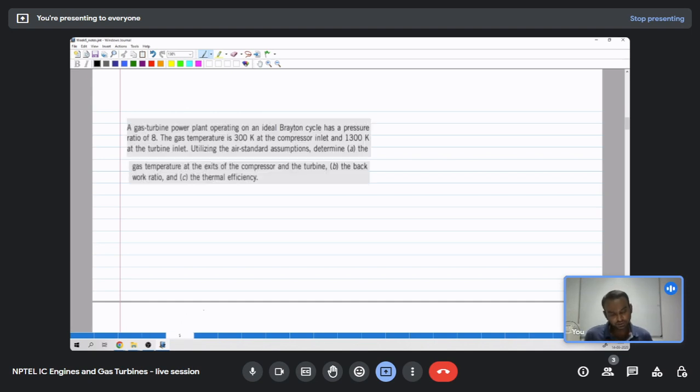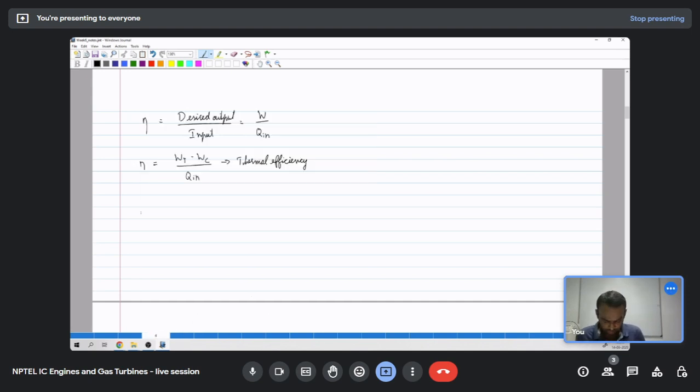And we have something called back work ratio. We are getting some work from the turbine, but part of the work is given back to the compressor, and this ratio is called back work ratio. So that is compressor work divided by turbine work is called back work ratio.